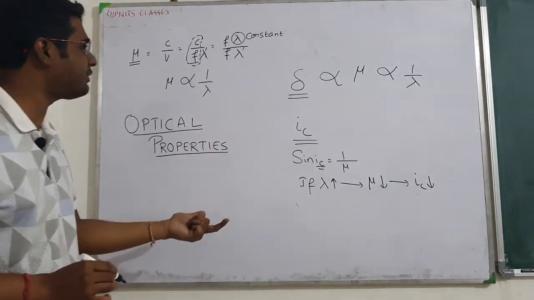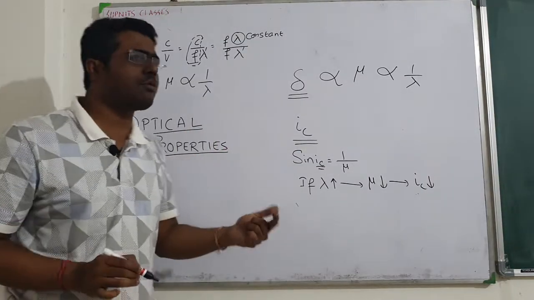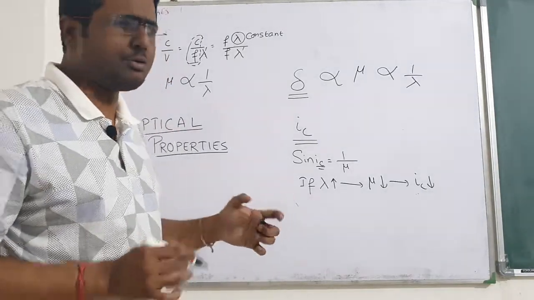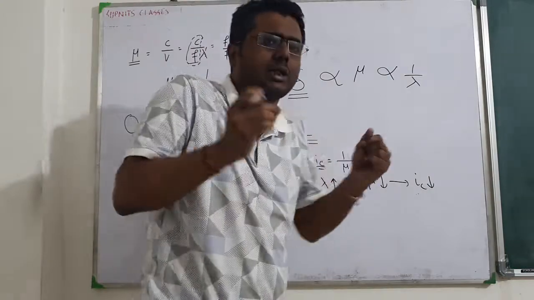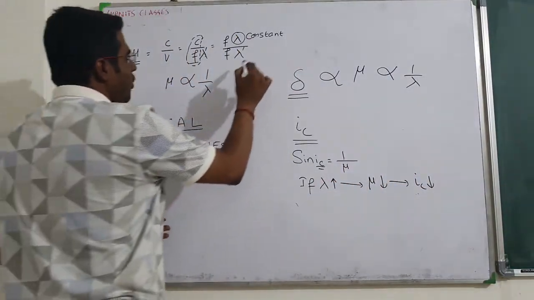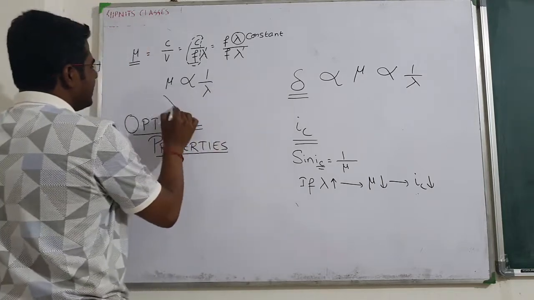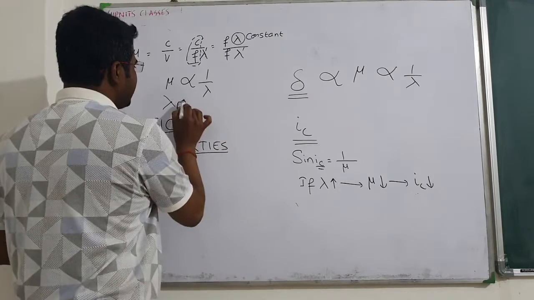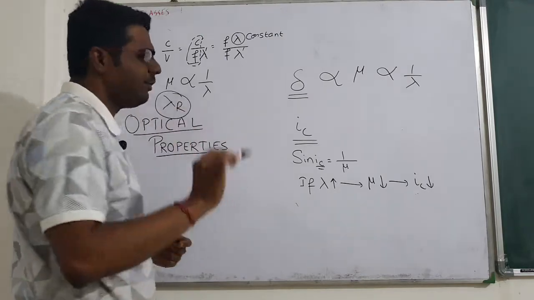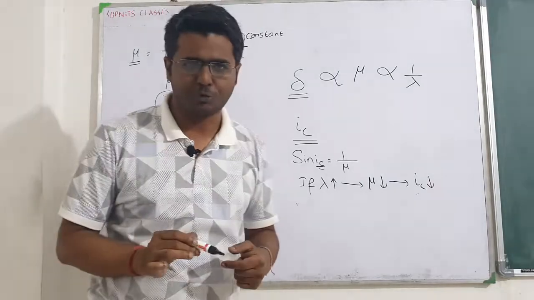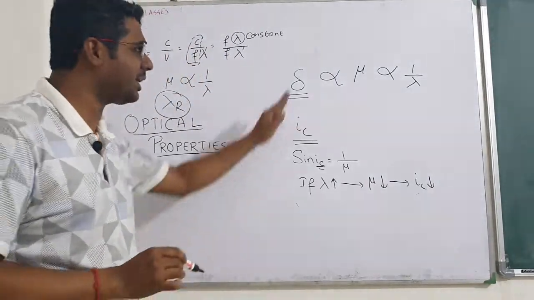Suppose somebody asks you which color of light has the least refractive index, now you suddenly get baffled, like which color is it, which color is it. But nothing to worry. You already know that the highest wavelength is lambda r, that is, red light wavelength is highest. It has the least deviation, which will come in deviation.